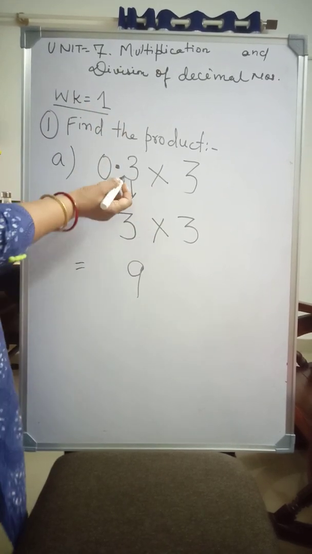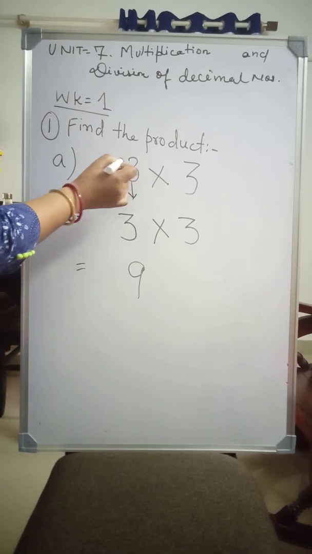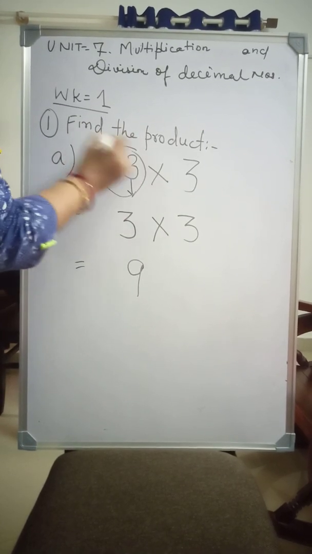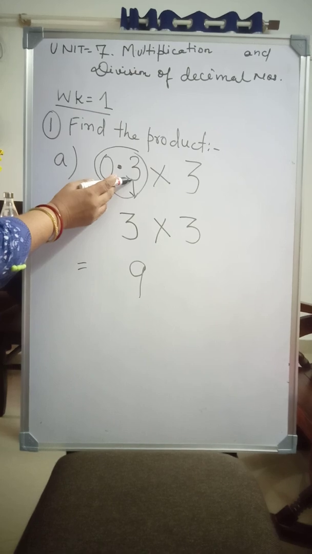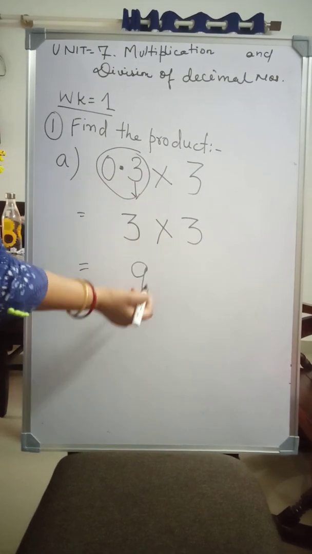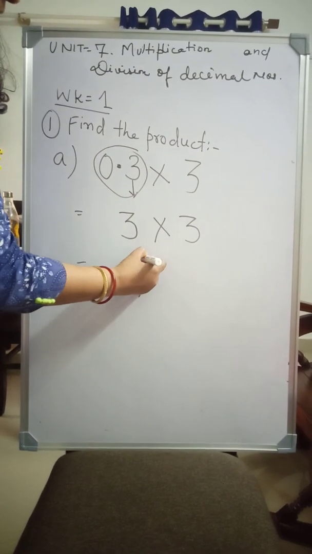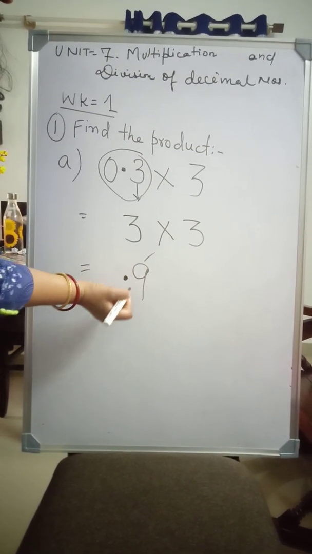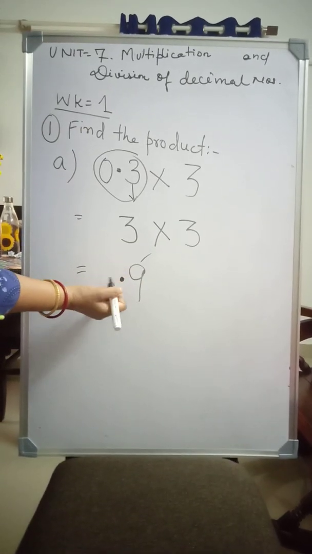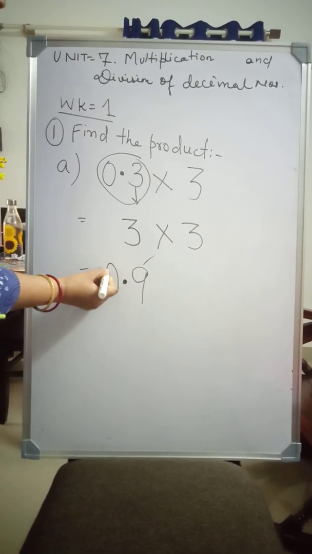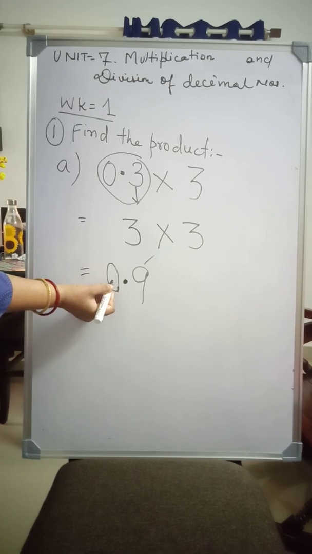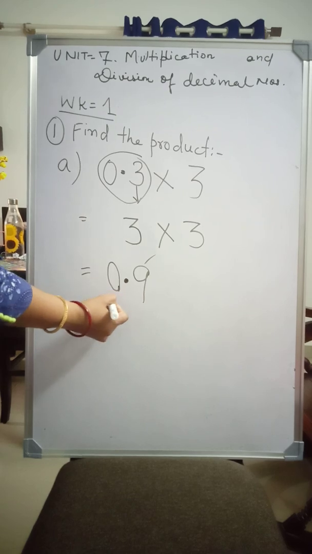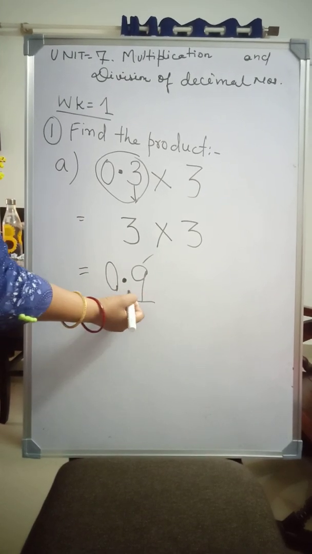Now second step. We count the number of decimal places of the decimal number. How many decimal places are there? 1. So in the product also I will count 1. After 1 digit place we will put the decimal, and to the left of this decimal we will put 0 since there is no number there. So the product is 0.9.